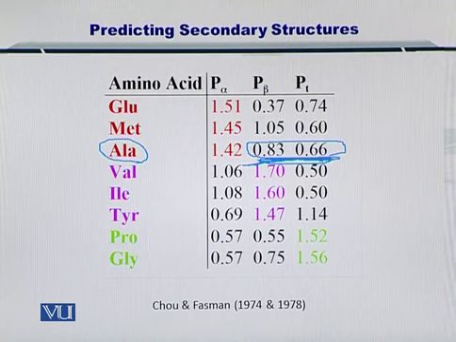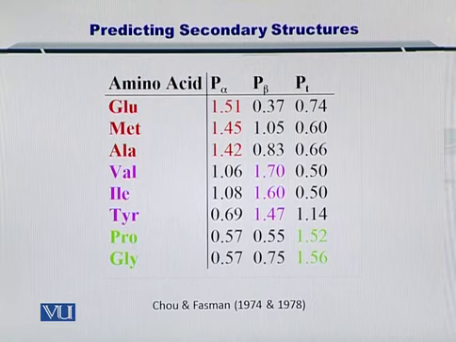So one can then generalize that by such a propensity table, you can only guess and you do not have a certain answer to if a specific amino acid exists within a specific secondary structure.